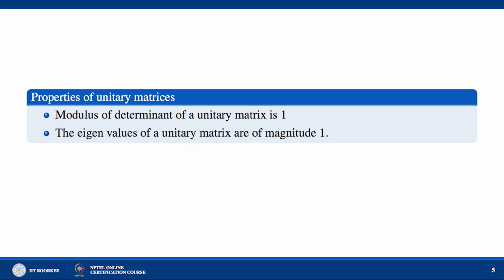Now, what are the properties of unitary matrices? The first property is that the modulus of the determinant of a unitary matrix is 1. The second property is that the eigenvalues of a unitary matrix are of magnitude 1. This property we can easily show, following the same lines as we did for orthogonal matrices. Here Ax equals lambda x, x is not equal to 0.